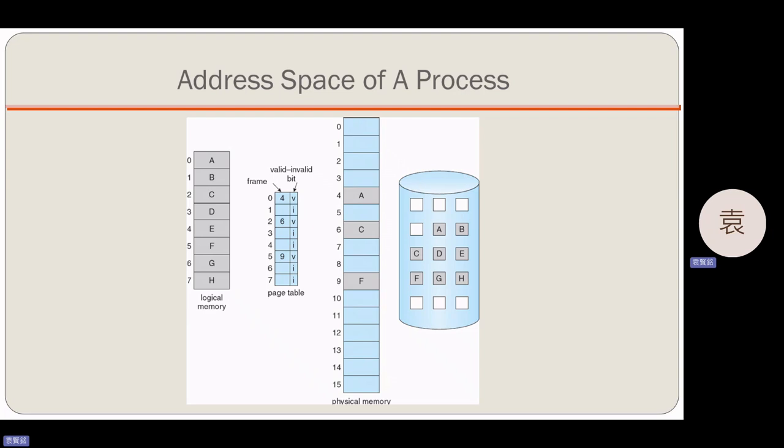So in the page table, only these 3 pages are valid. The other 5 pages are all marked as invalid.